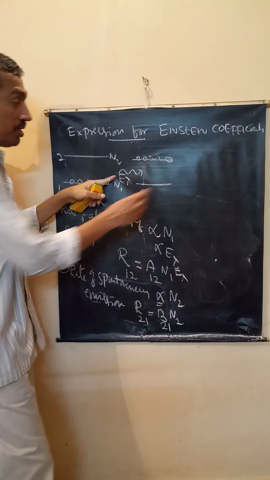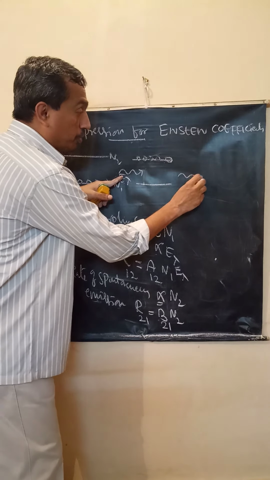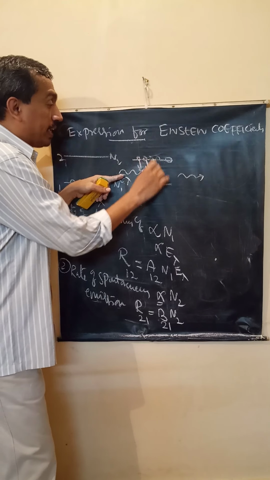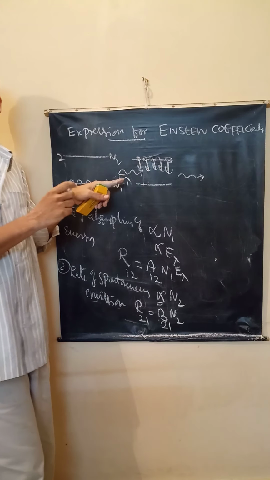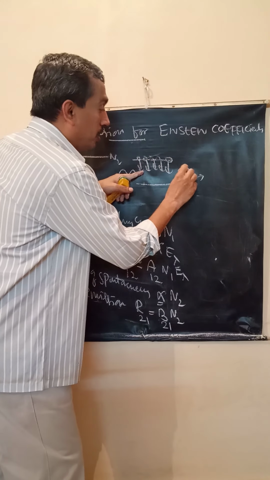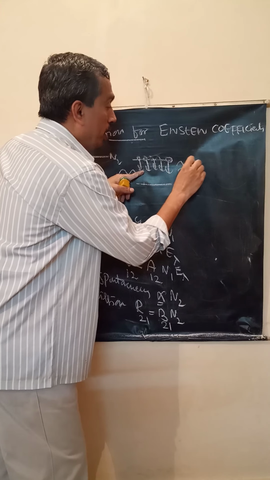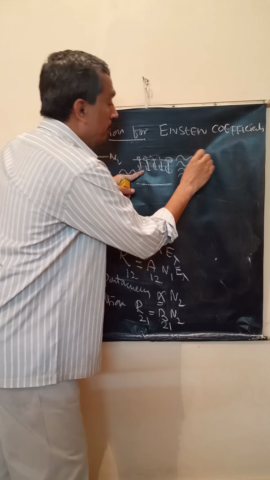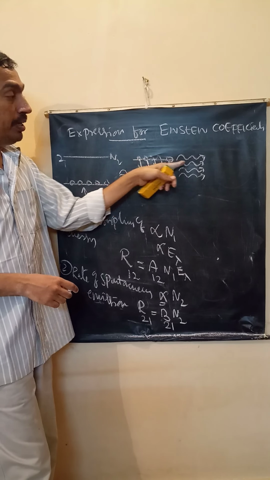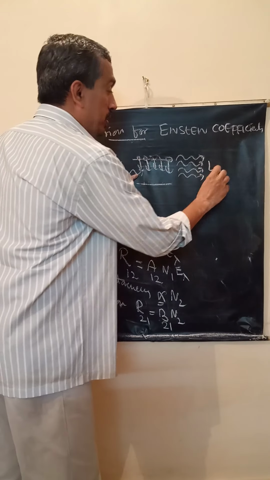You know what? This photon also comes out. Along with this, it makes these atoms de-excite. This is stimulation. This photon stimulates the atoms to de-excite, and you will get coherent light produced like this. All the atoms de-excite, emitting coherent waves, producing laser.